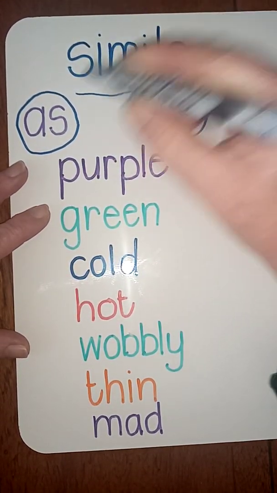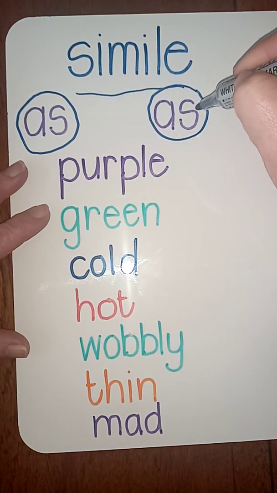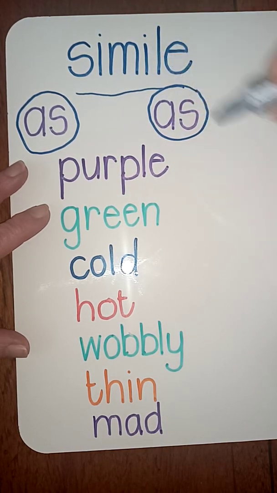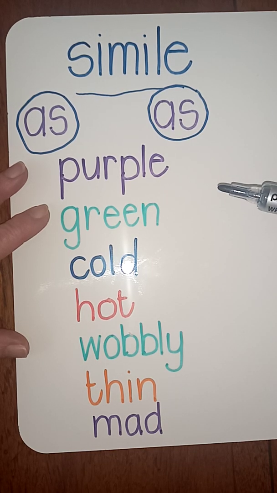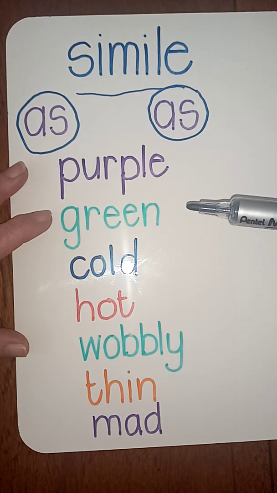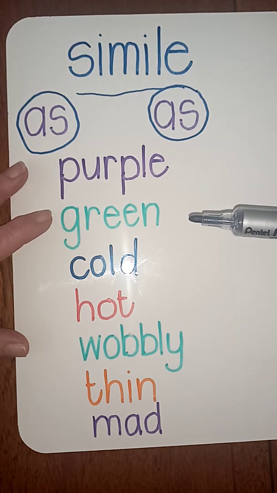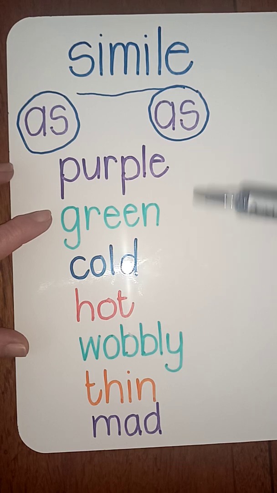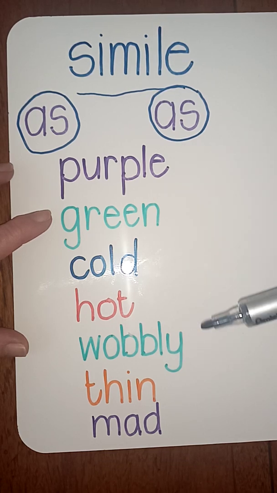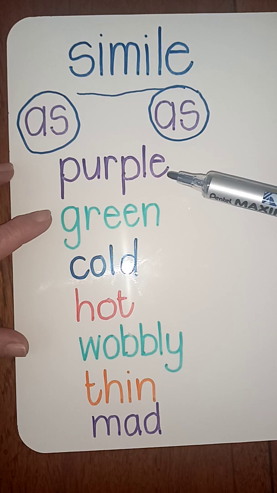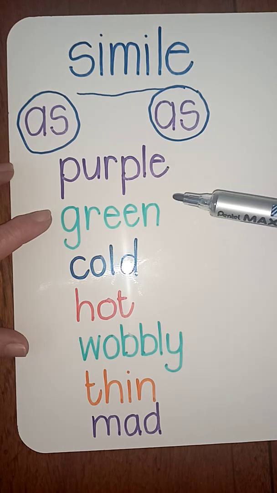And when you see as and as, you know that we are using a simile. Now, there are ones in English that have been used for many, many years, but there is no problem with us having a look at new ones. And that's what I'd like to do today, is to have a look at the old ones.